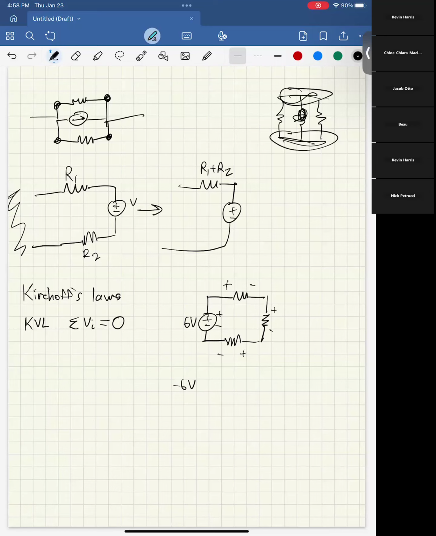And then let's say each of these is a 2 ohm, 2 ohm, and 2 ohm. By something that you'll learn about either already or a bit later in the class, you can quickly figure out what the voltage drop over these is by something called voltage division, where if you have a bunch of resistors and one voltage source, each resistor gets the proportion of the voltage equal to its proportion of the total resistance.